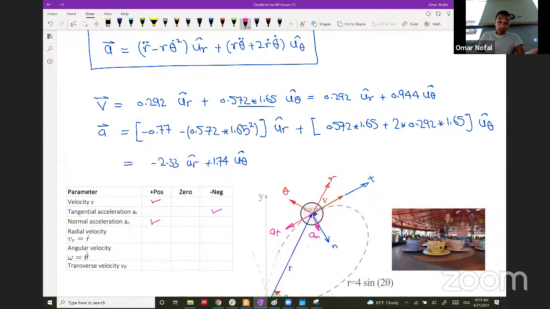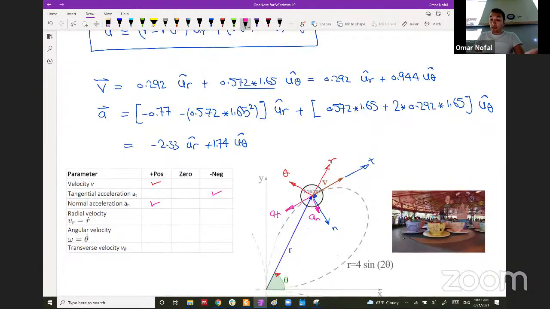So for the radial velocity, let's see how it looks. This is r and this is theta, and this is the extension of theta. If you analyze this v into r and theta components, you will find that vr should be in the r direction. Let's pick this pen.